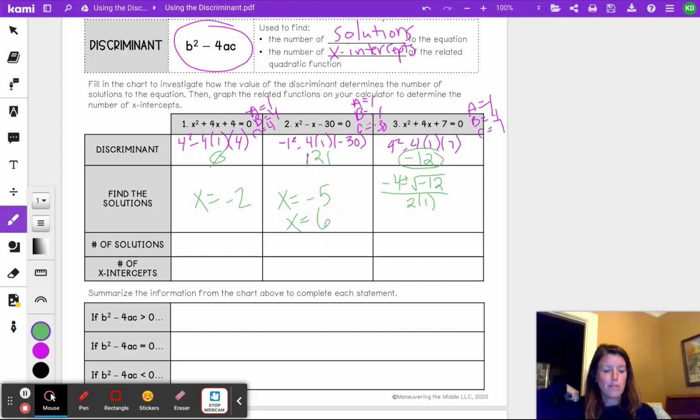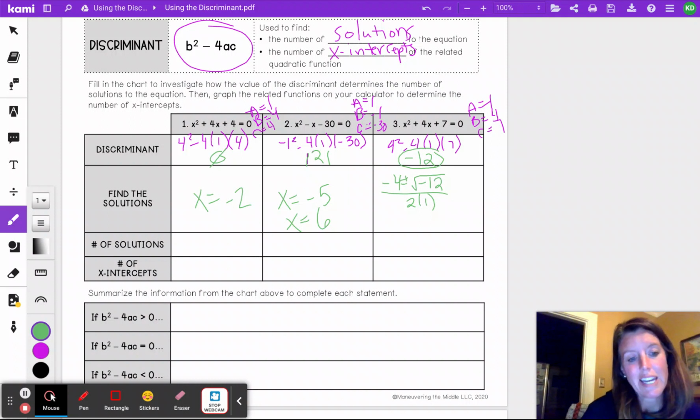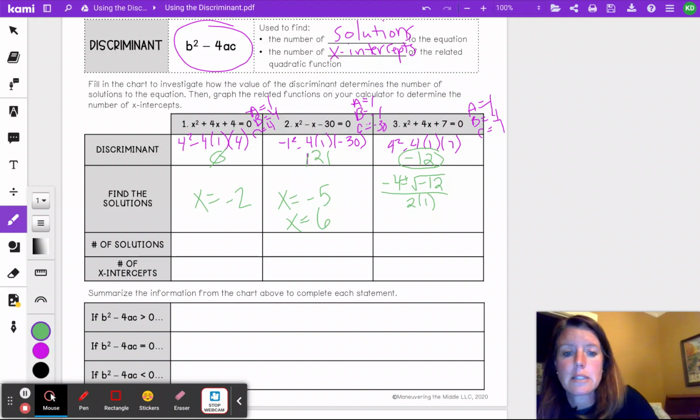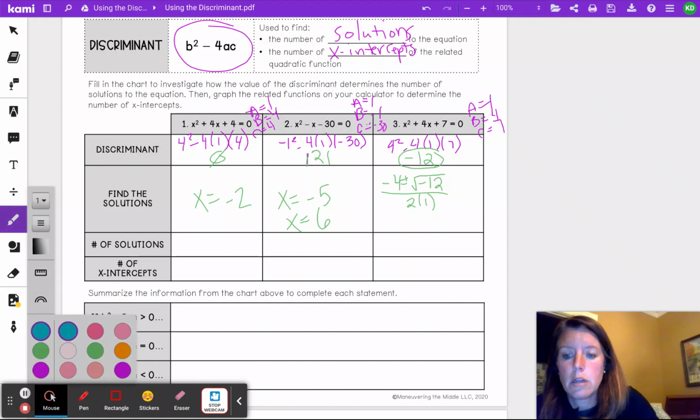Whenever you have a negative number inside of a square root sign, that's where those imaginary numbers that I just hate come into play. So whenever you have a negative number for your discriminant, that means there are no real solutions.